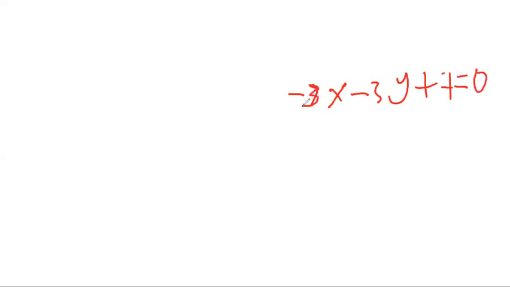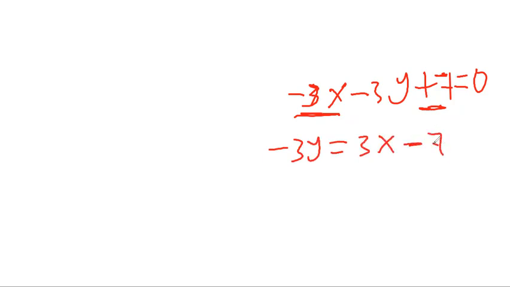How to write this equation as y equals? The first step, I'll send the negative 3x to the other side, and the positive 7 to the other side. So it will be negative 3y equals 3x minus 7.